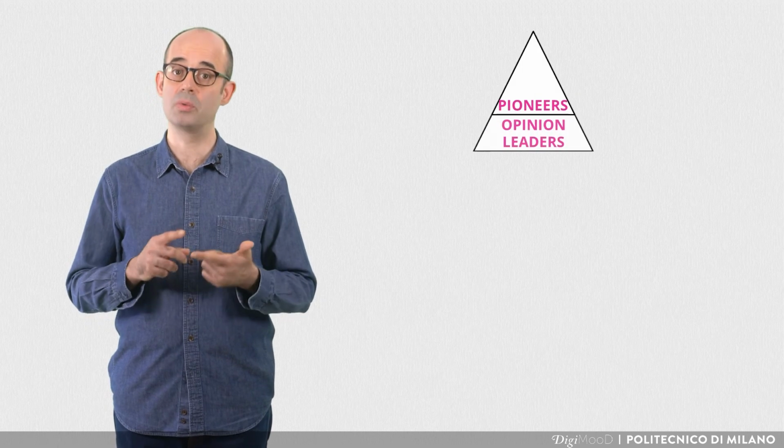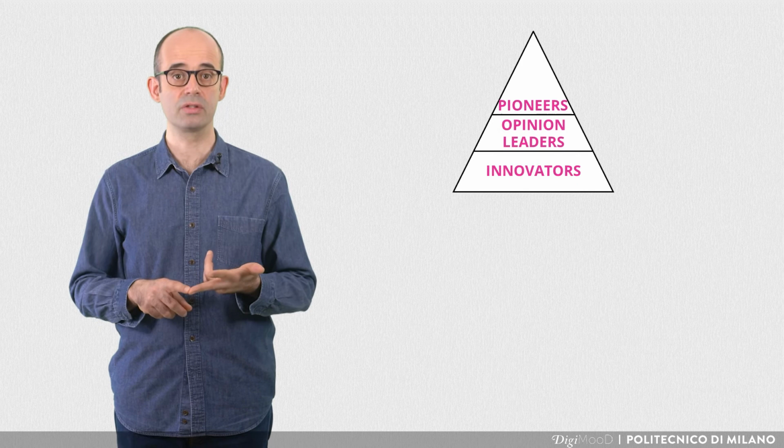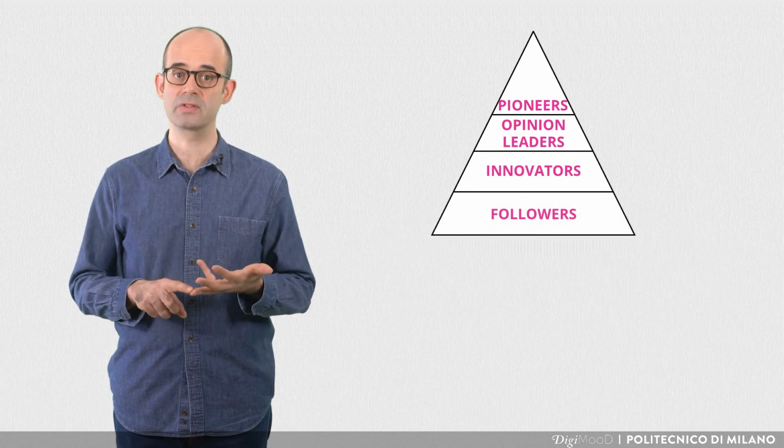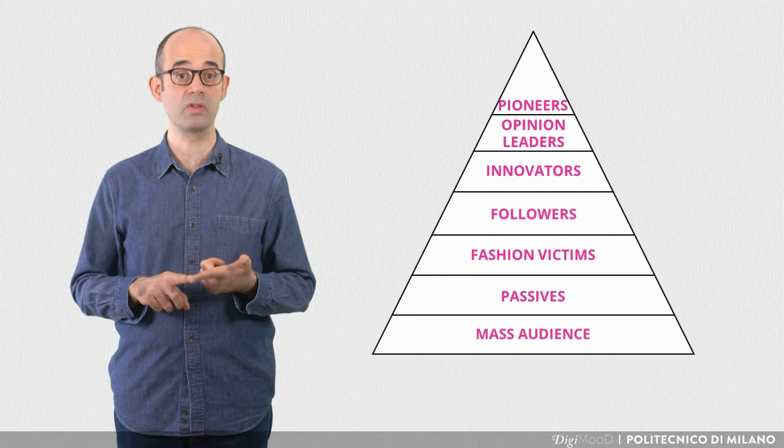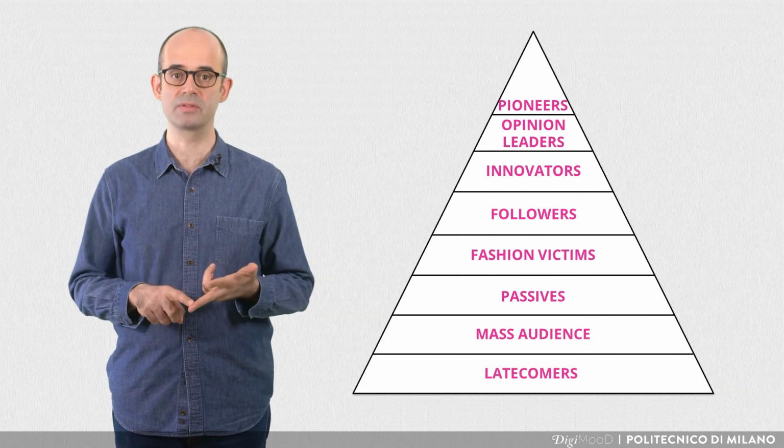In addition to the type of companies, some macro groups of market segmentation should be identified according to the attitude of the final customer. In this perspective, we can define a second pyramid and we can identify the following categories: pioneers, opinion leaders, innovators, followers, fashion victims, passives, mass audience, latecomers.